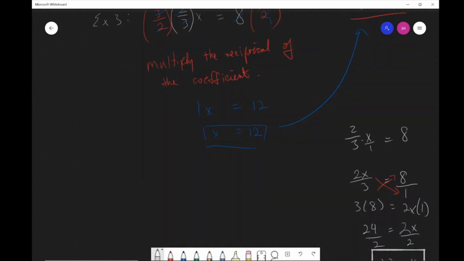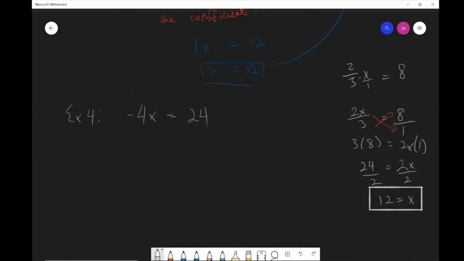Okay, so let's move on. Example number 4. Let's start with this. Negative 4x equal to 24. Again, that is negative 4 times x, and we just write it as negative 4x.